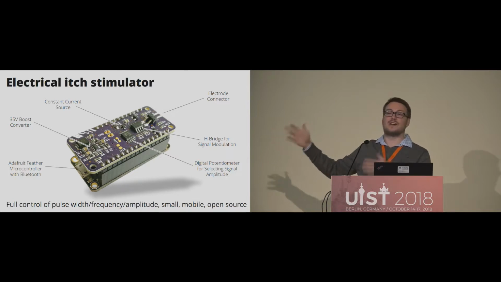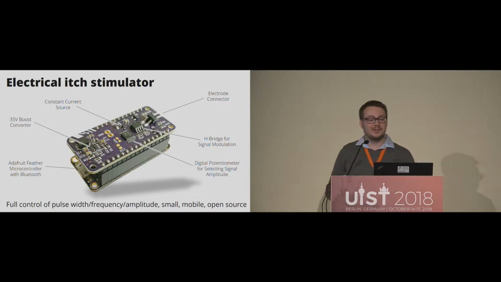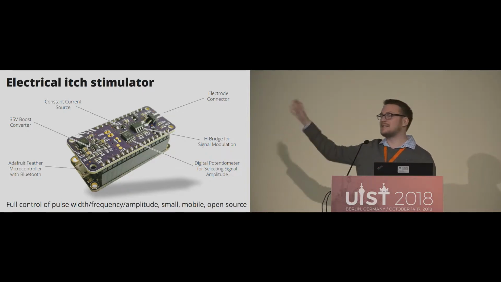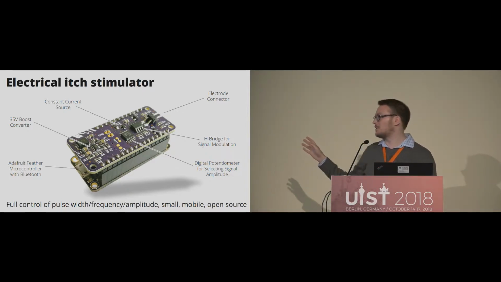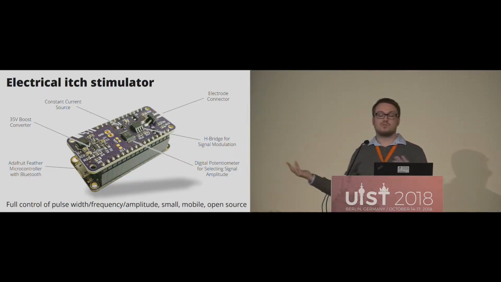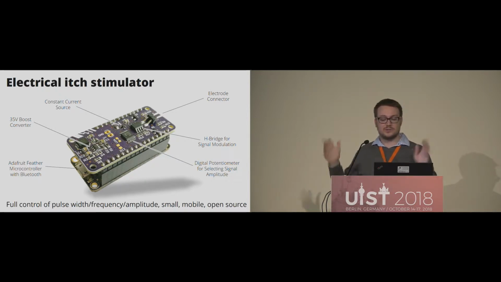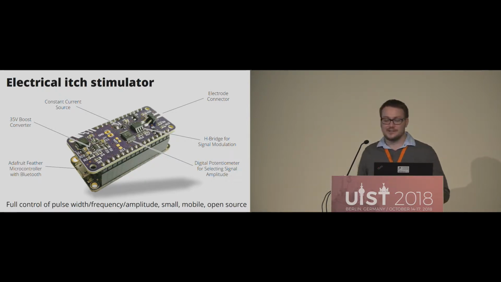This is not fancy, honestly. I mean, if you go to the literature, and you can find it in our paper, you'll find there are tons of designs that basically use this in some form or the other. And this allows us to finally adjust pulse width, frequency, and amplitude, and it's small, it's mobile, and it's open source. I'll show that at the end.